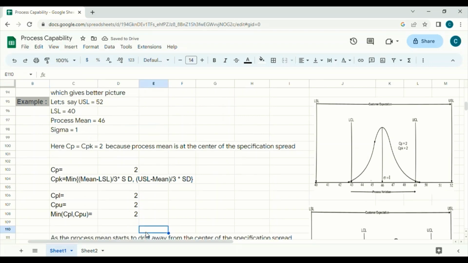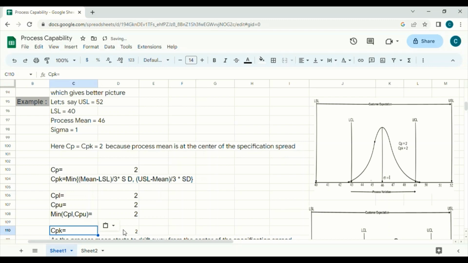Therefore Cpk value is equal to 2, and Cp is also equal to 2.